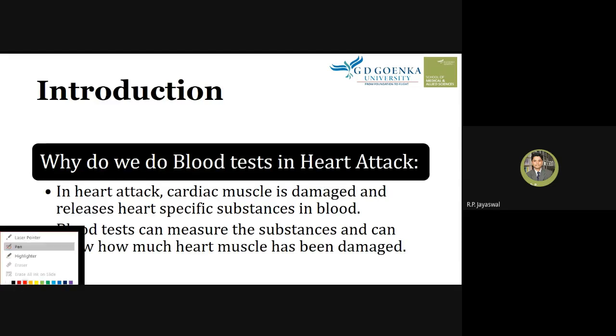When the cardiac muscle is damaged, it releases heart-specific substances in the blood, and we call them cardiac biomarkers. When these heart-specific substances are released in the blood, the blood test can measure them and show how much heart muscle has been damaged. So this is what the cardiac profile test does in the blood, and this will help us know how much heart muscle has been damaged during the heart attack.